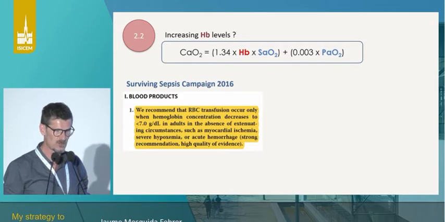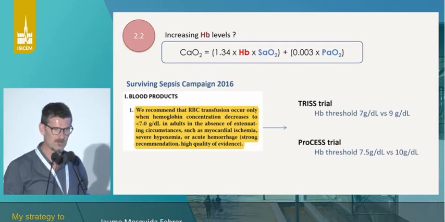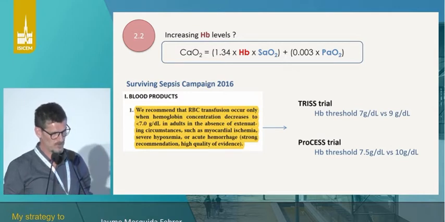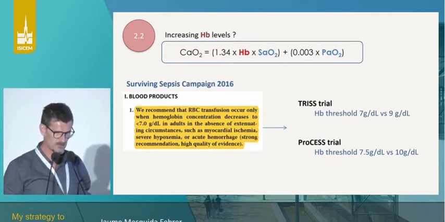And the strong recommendations are based mainly on two trials: the TRICS trial, comparing two groups with a hemoglobin threshold of 7 as a trigger for red blood cell transfusion and a hemoglobin level of 9, and a sub-study analysis of the ProCESS trial using two different thresholds.